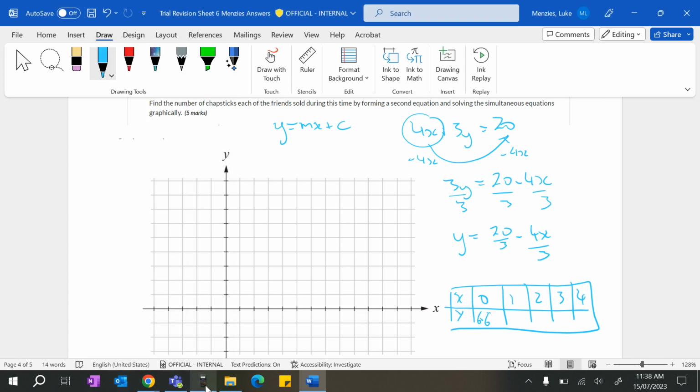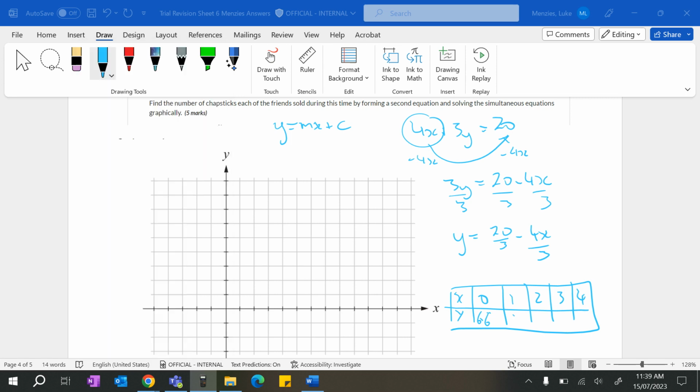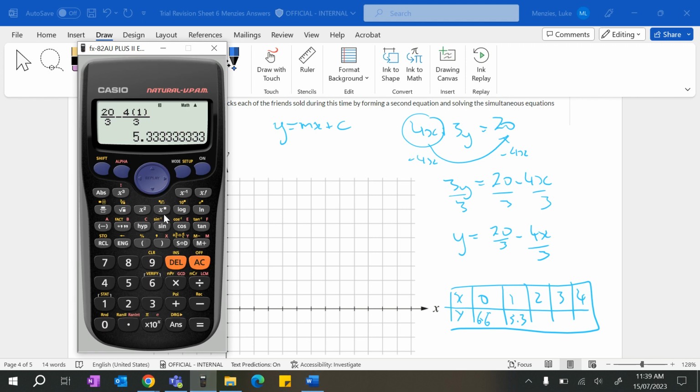And then all we're going to do is go back and change these things. So I'm going to use my back button and just change that to a 1. 16 over 3, 5.3. Now I'm hoping one of these is going to be a nice one. I think it's going to be when we get to 3, I think.